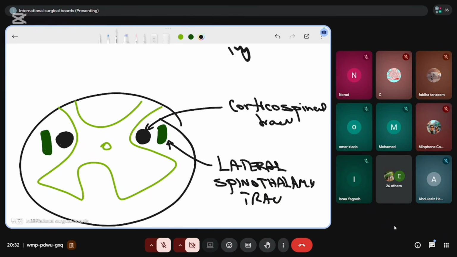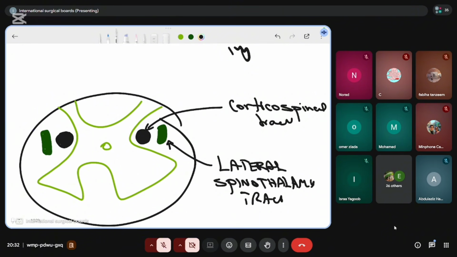What I want you to know from this diagram is simply that the lateral spinothalamic tract is right next to the corticospinal tract, in the neighborhood of it. What does the lateral spinothalamic tract carry? It carries crude touch, pain sense, and temperature sense.